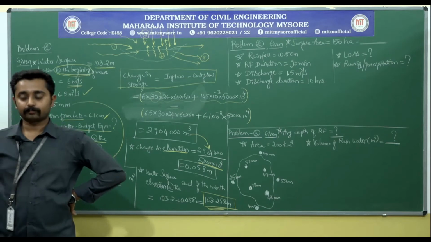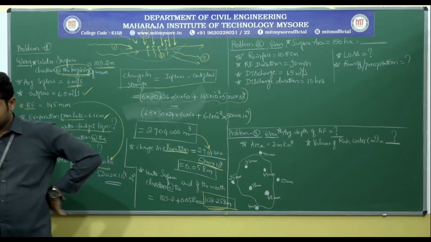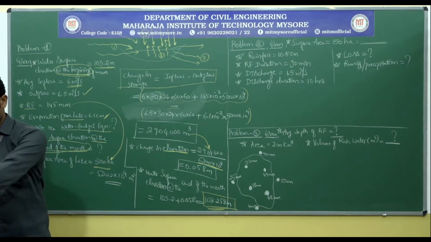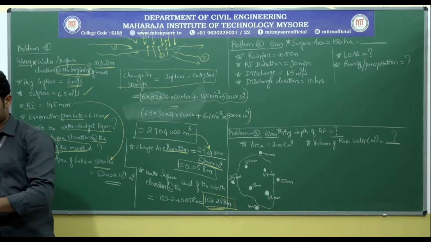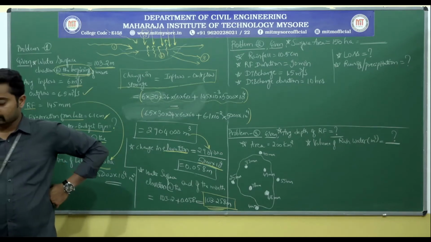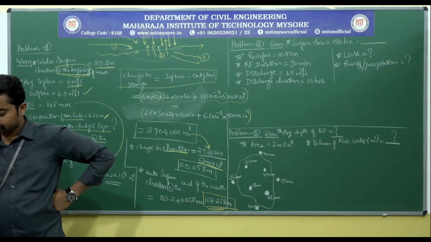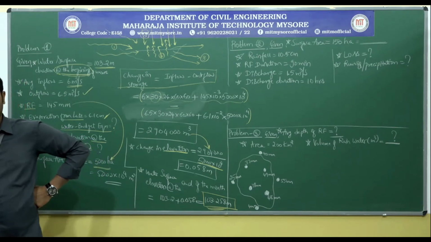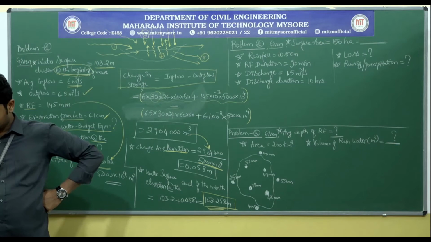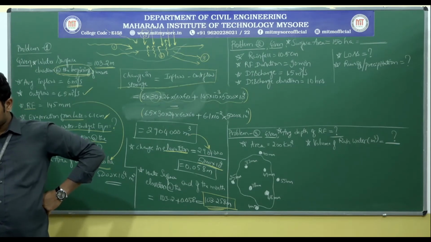Now the second problem. A small catchment of area 150 hectares receives a rainfall of 10.5 centimeter in 90 minutes due to a storm.